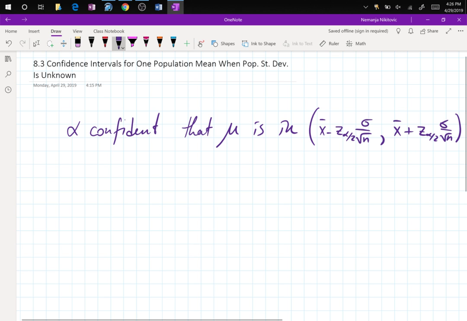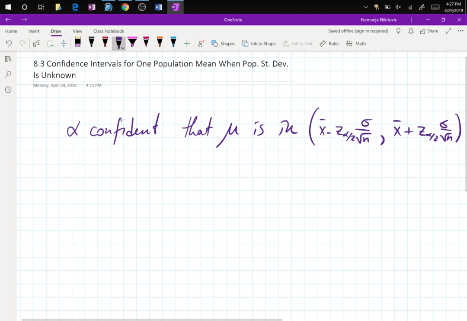So we were not too happy with this calculation, because we need something that depends entirely on the sample that we have, with no population parameters whatsoever. And we do have that, which is called the T-score.